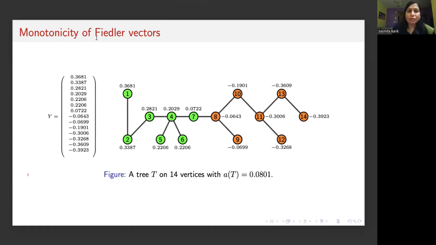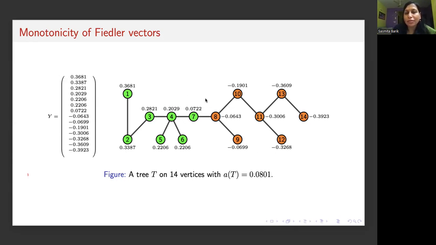This monotonicity result says that, let's say there is no zero vertex. In that case, you have a characteristic edge. Due to the other results, if you take the non-negative vertices, they will be connected, and if you take all non-positive vertices, they will be connected.